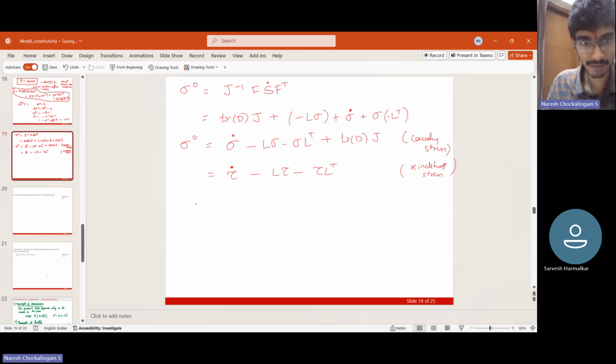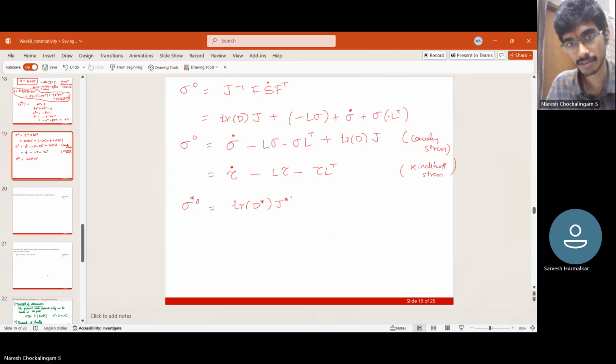Look at what is sigma dot star. This is nothing but trace of D star, J star minus L star sigma star minus sigma star L star transpose minus sigma dot star.